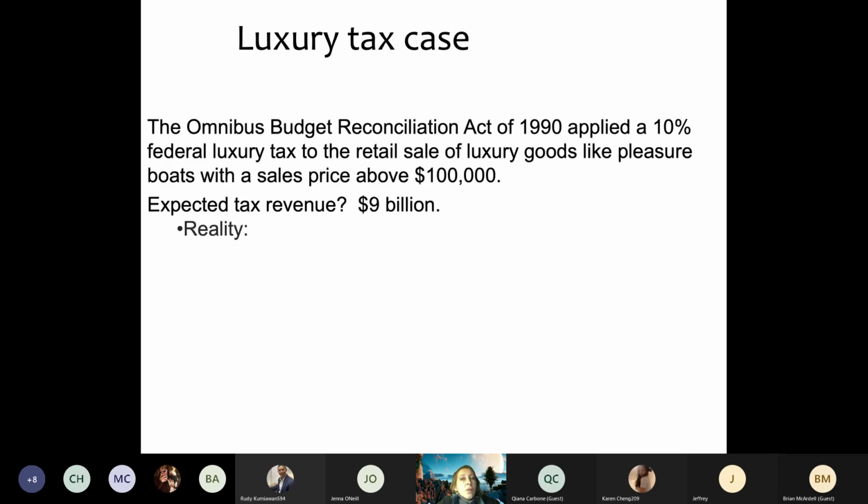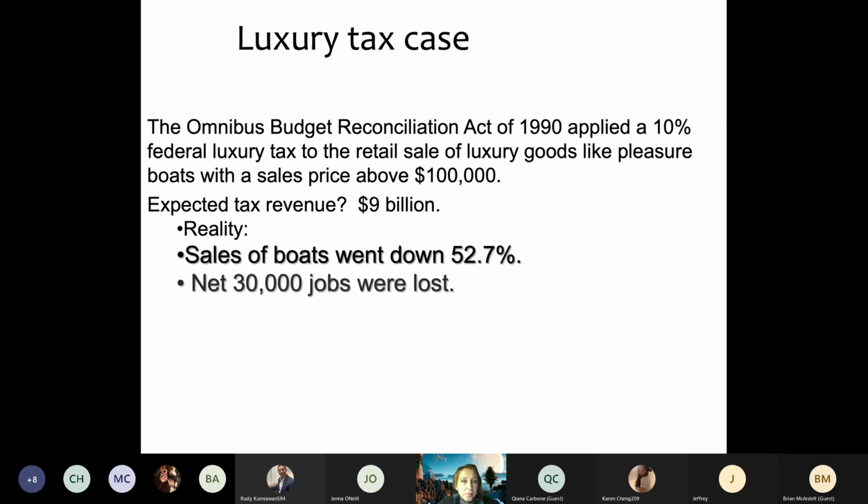There are even stories of unsuccessful taxes. In this case, a luxury tax put on recreational boats in 1919: a 10% federal luxury tax on the retail sale of luxury goods like pleasure boats with a sale price above $100,000. The tax projected a revenue of $9 billion. In reality, people decided not to buy those boats.